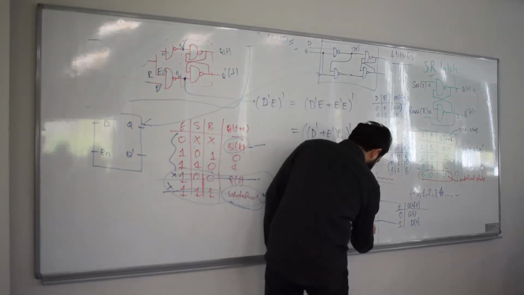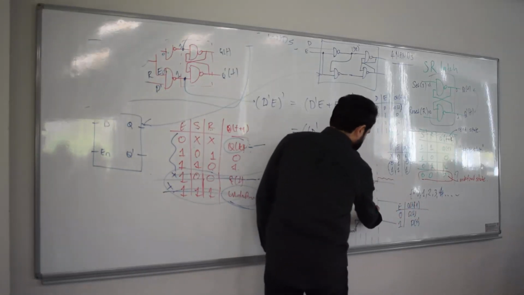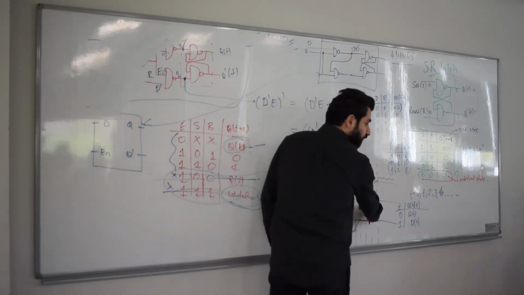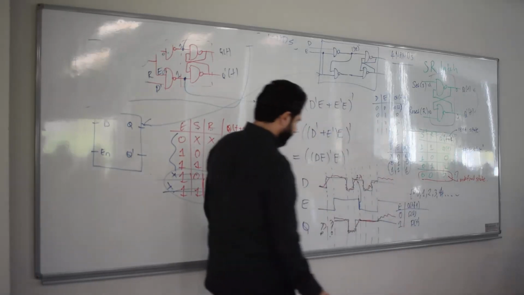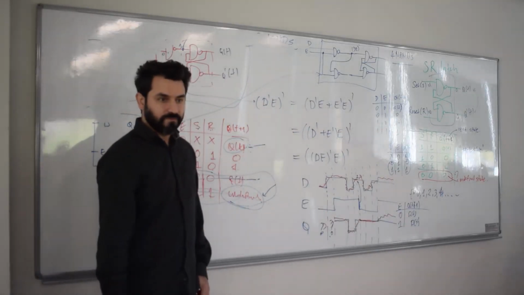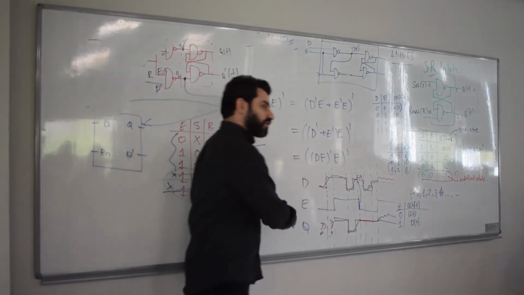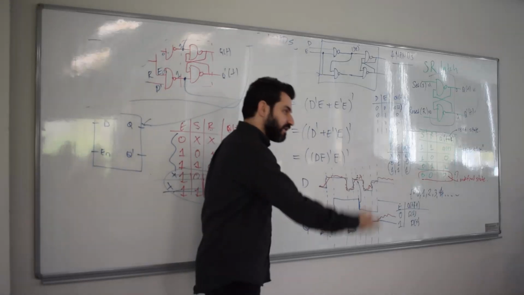It will hold this value for as long as we need, for as long as E equals 0. And then it begins copying again. That's what you're going to see at the output: the original waveform, and on top of that an added noise.